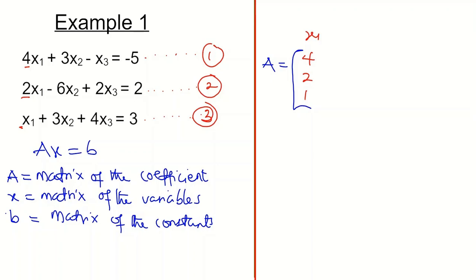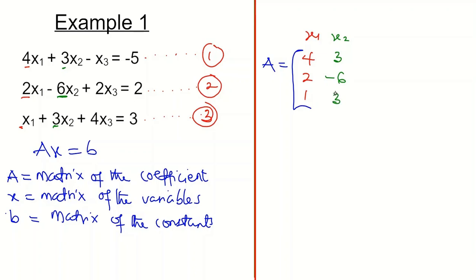We do the same for the variable x2. In equation 1, the coefficient of x2 is 3, so we write 3 here. In equation 2, the coefficient of x2 is -6, and so we write -6 here. In equation 3, the coefficient of x2 is 3, and so we write 3 here.